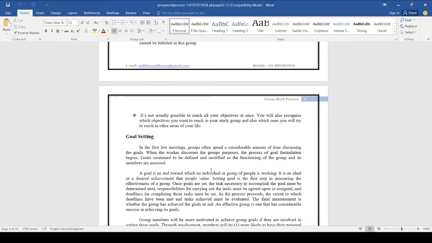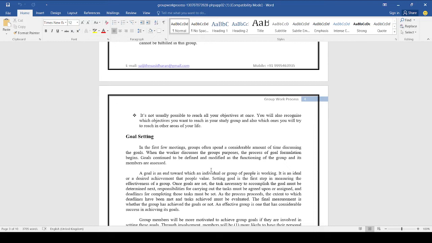This is the beginning of the goal formulation. Goals continue to be defined and modified; the kind of members in the group will affect the goals.